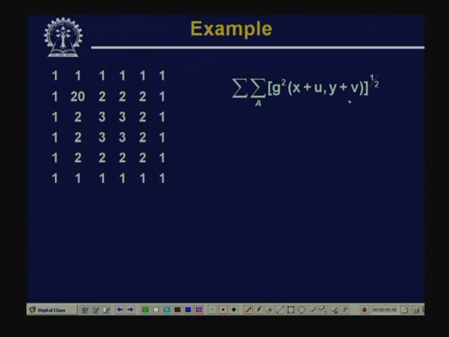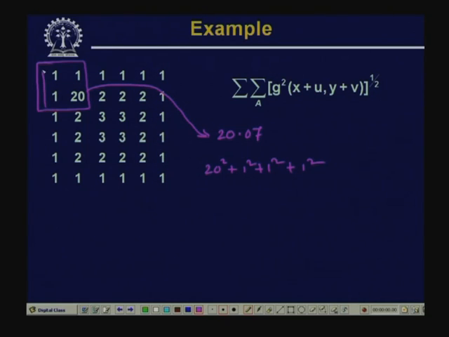So, if I compute this, again let us take the same location. If I compute the square root of the summation over the region A of g square x plus u, y plus v, then you will find that this particular value will come out to be something like 20.07, because this is nothing but 20 square plus 1 square plus 1 square plus 1 square.